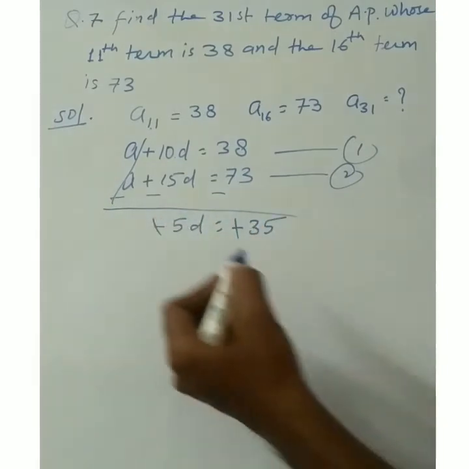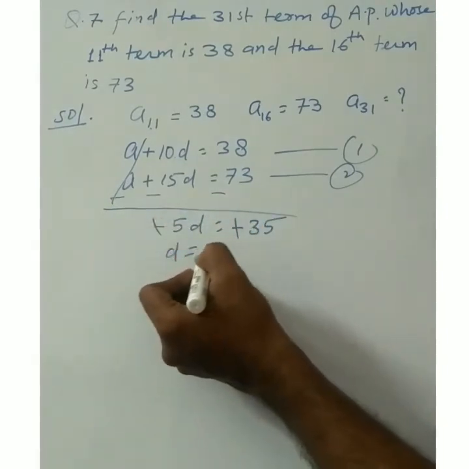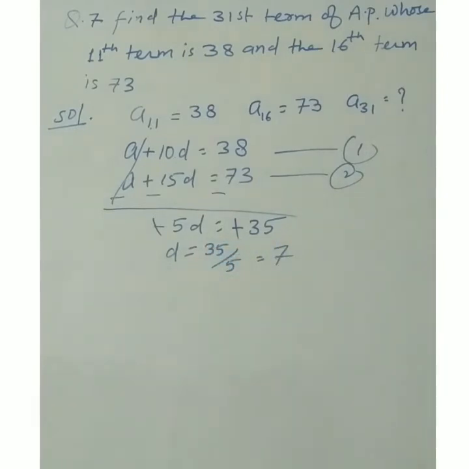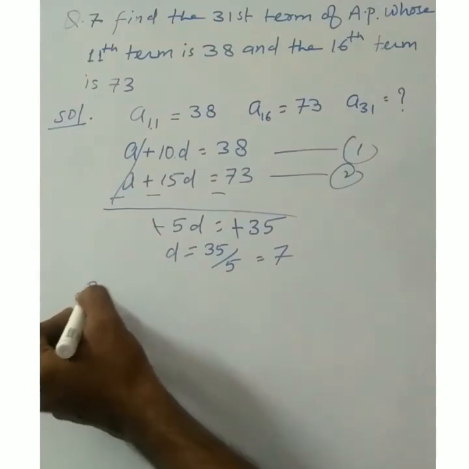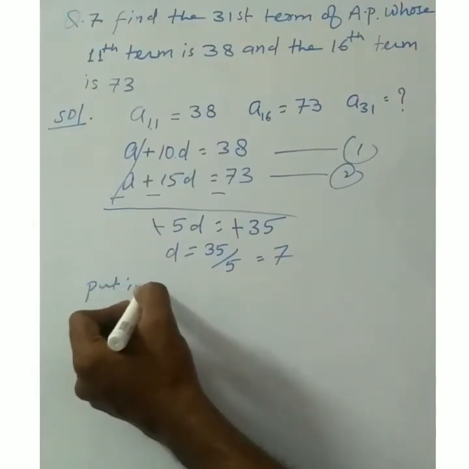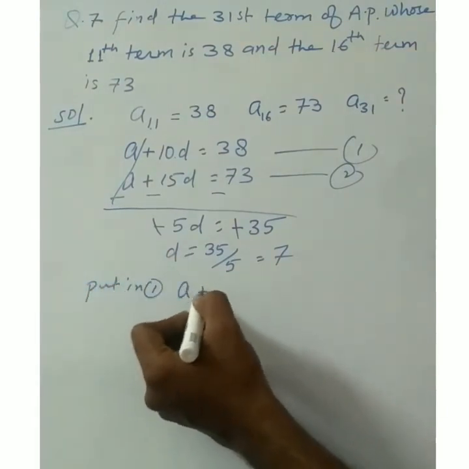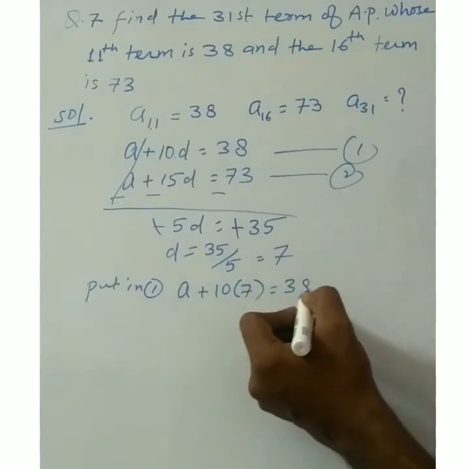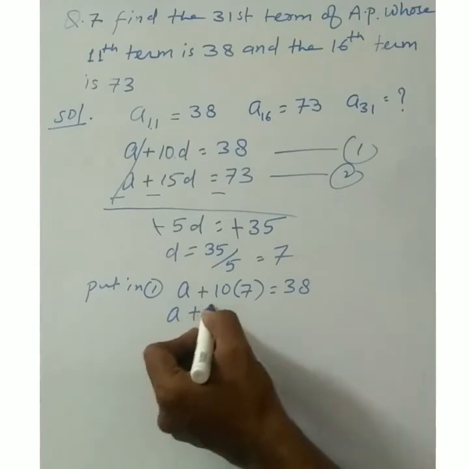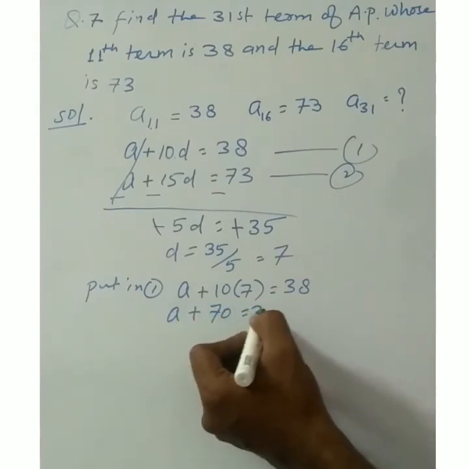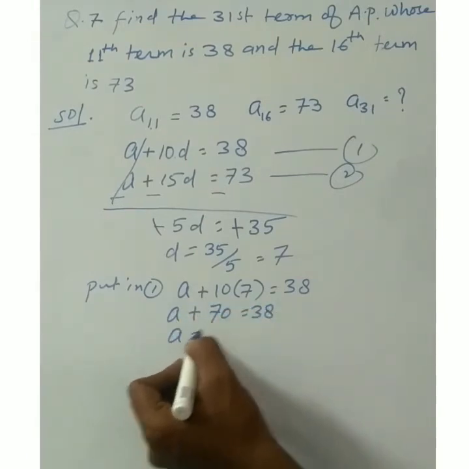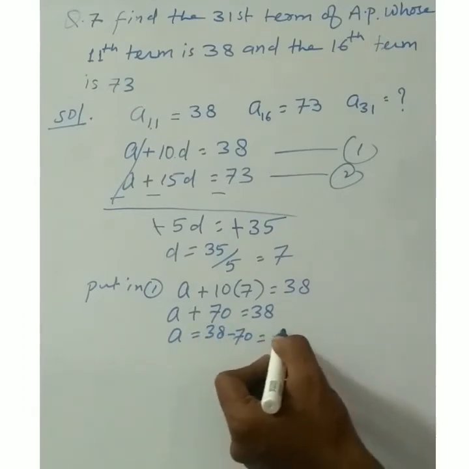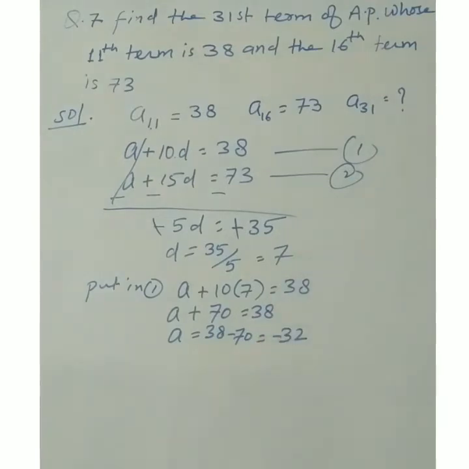Minus and minus cancel. D equal to 35 upon 5, which is equal to 7. Put in first: A plus 10 into 7 equal to 38. A plus 70 equal to 38. So A equal to 38 minus 70, which is minus 32.